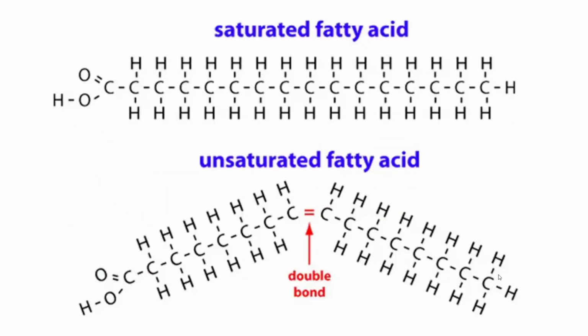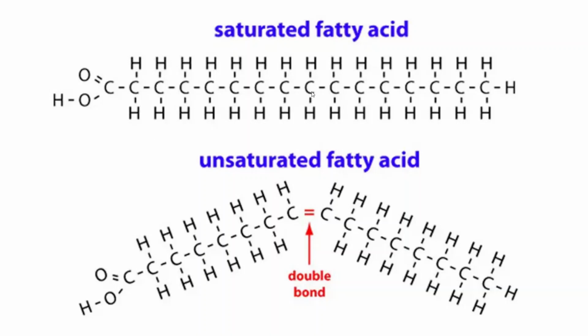So here's the difference, essentially. In the saturated fatty acid, you just have a very straight chain of hydrocarbons, which is just like HCH, HCH, HCH. And on either end, you have this carboxyl functional group, which is the COOH.